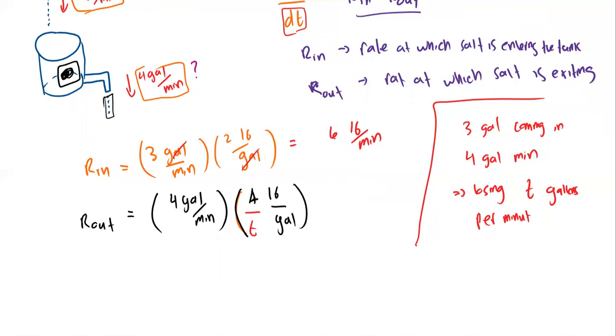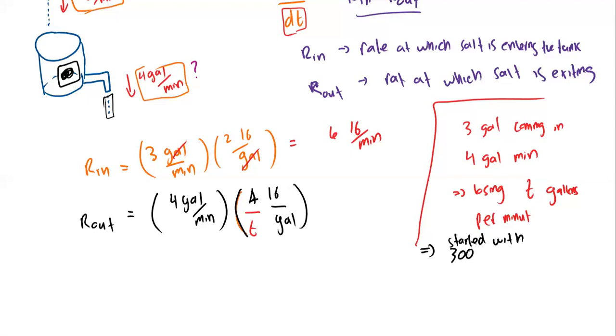Okay, so how do I know what's the amount of brine solution in the tank? Well, we know that we started with 300 gallons of water or of brine solution, and each minute we're losing 1 gallon.